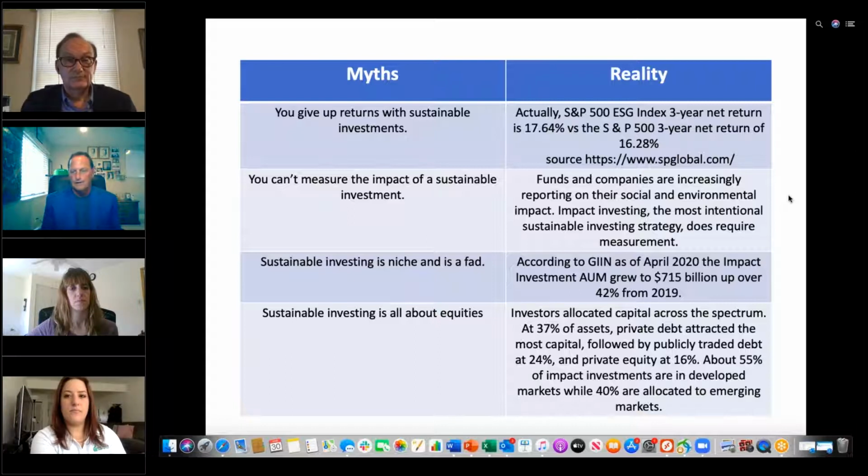Actually, according to the S&P, the S&P 500 ESG fund in the last 3 years has netted over 17%, whereas the S&P 500 has netted just a little bit over 16%. So as you can see, some of the ESG funds and companies are getting into environmentally, socially, and governance types of projects within their companies.